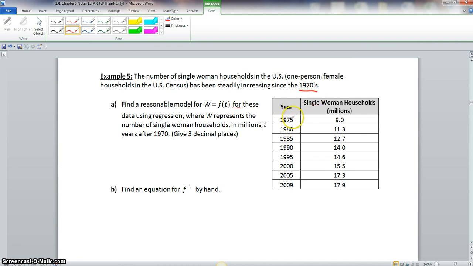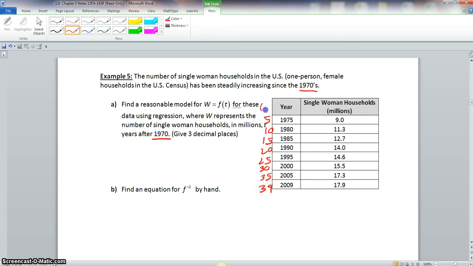Actually it says after 1970, so we would need to know our years. We know first our years is 5, then this would be 10, 15, then we will have 20, 25, 30, 35, and then 39.